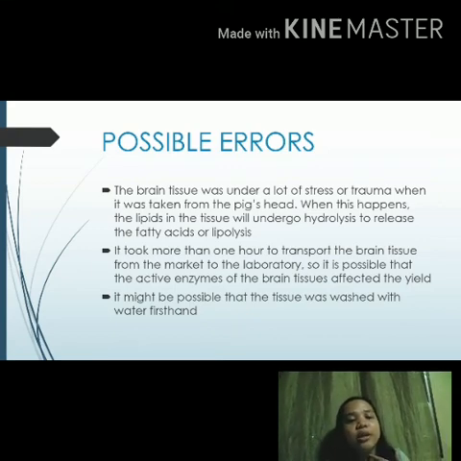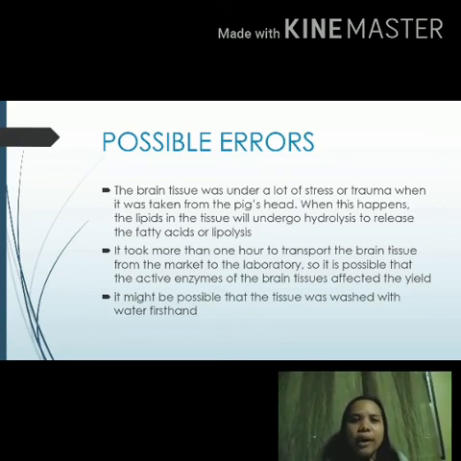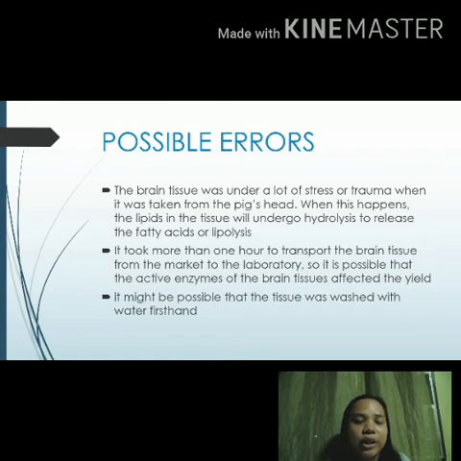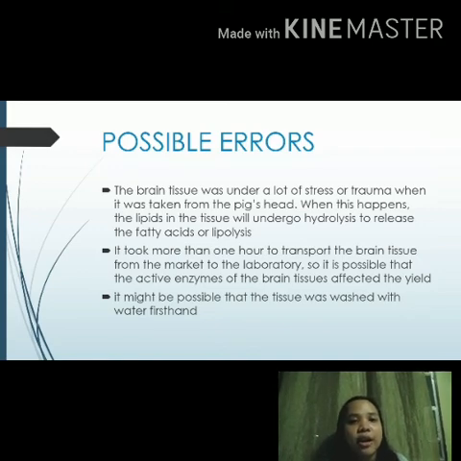We took the brain tissues around 1 o'clock in the afternoon, and most probably it was taken out of the pig's body in the early morning of that day around 5 a.m. And aside from that, from the market to the laboratory, it took 1.5 hours to get there.